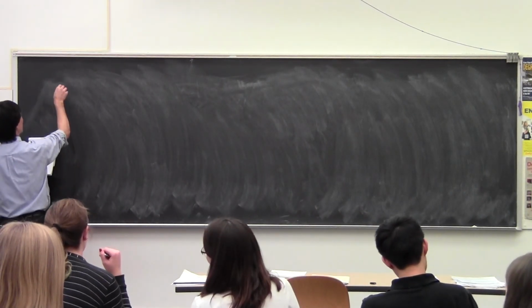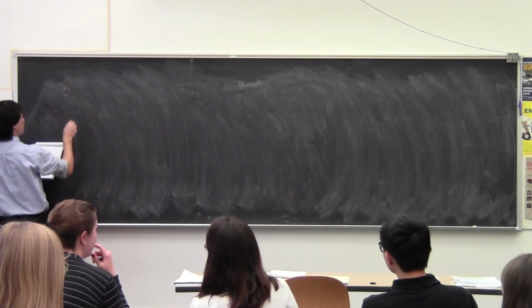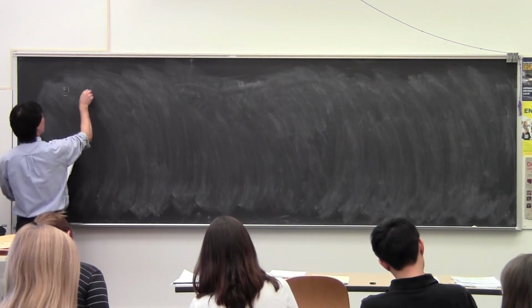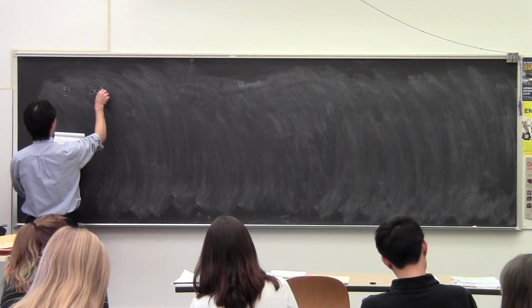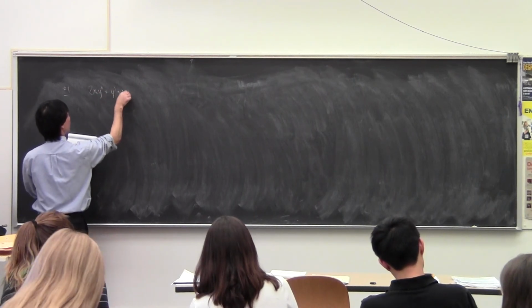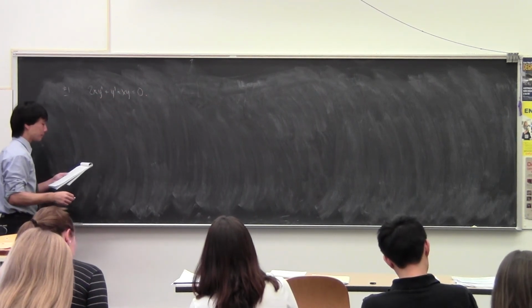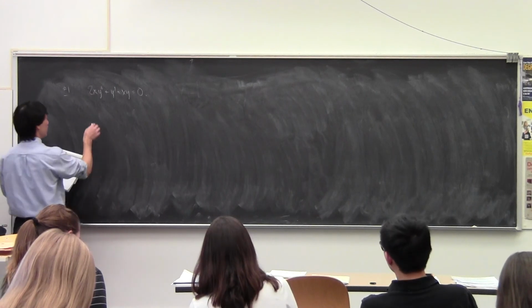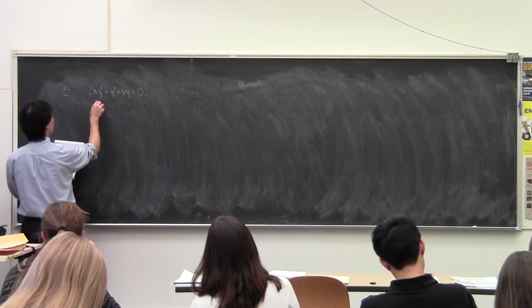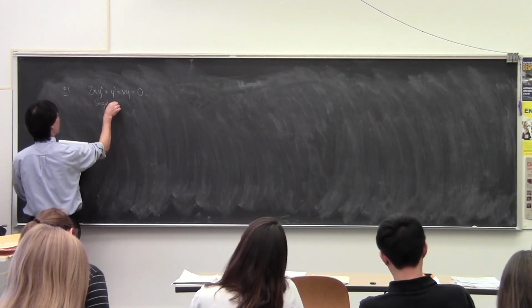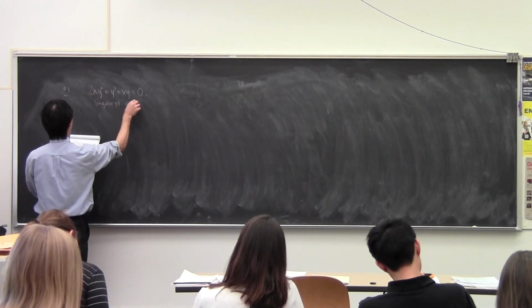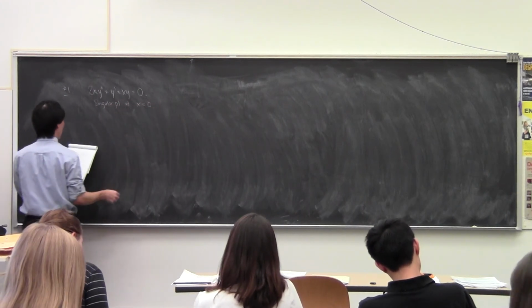Okay, so this is actually problem 1 from the book. 2x y double prime plus y prime plus xy equals 0. This one has a singular point at x equals 0.